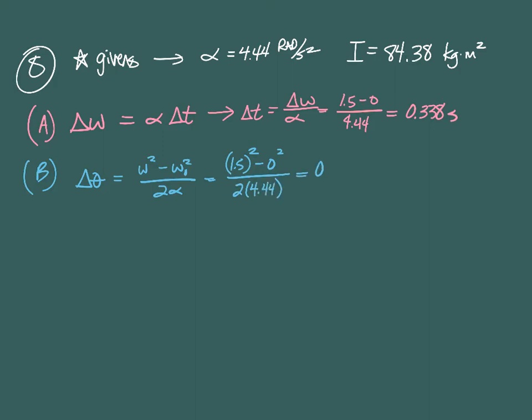So I get 0.253 radians, but I do believe it asked for this in revolutions. So we have to convert it to revs. So once again, the 2 pi rad per rev conversion, and I get not much of a revolution, which is unsurprising.